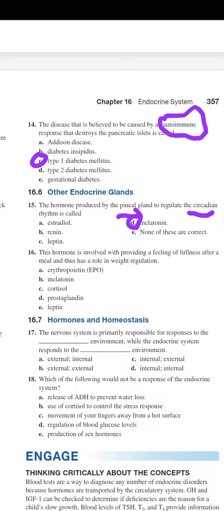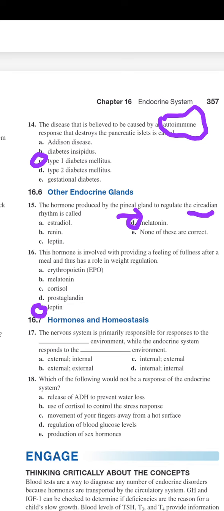I think it's the brain, but I will check that. Question number 16. This hormone is involved with providing a feeling of fullness after a meal and has a role in weight regulation. Leptin, it's the one that allows your body to absorb fats.